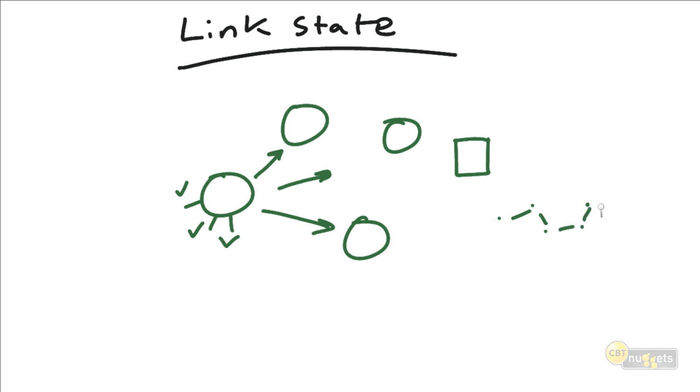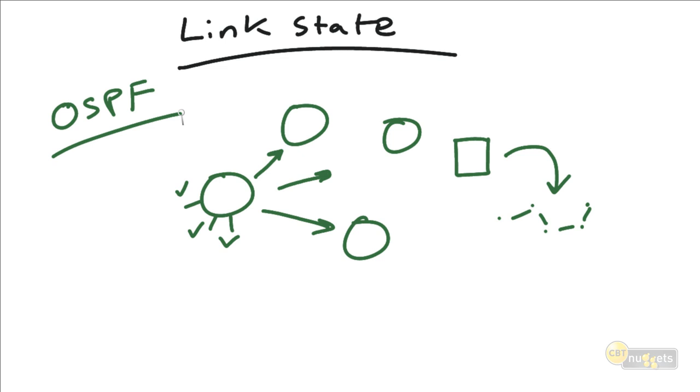Notice they are not relying on a table of what the network looks like. They are deriving their own depiction of paths through the network through the link state information that they receive. We said RIP was a great example of a distance vector routing protocol. Well, OSPF is a great example of a link state routing protocol.